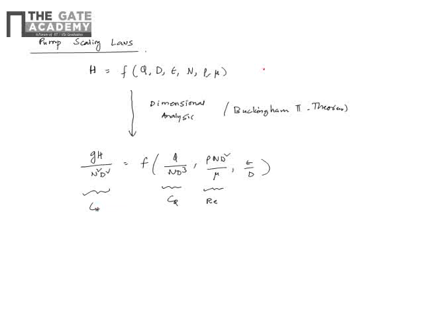The general practice in dimensional analysis is to express the output parameter of interest in terms of the factors it depends on, and then convert that by applying dimensional analysis technique into non-dimensional numbers. That is, if pi1 is one non-dimensional number, it will be a function of pi2, pi3, and so on. So all these are non-dimensional numbers.